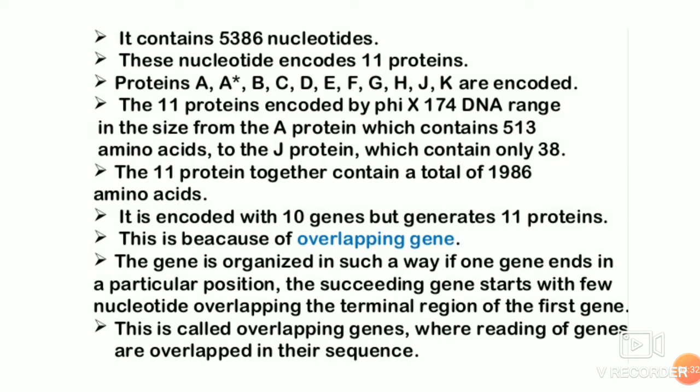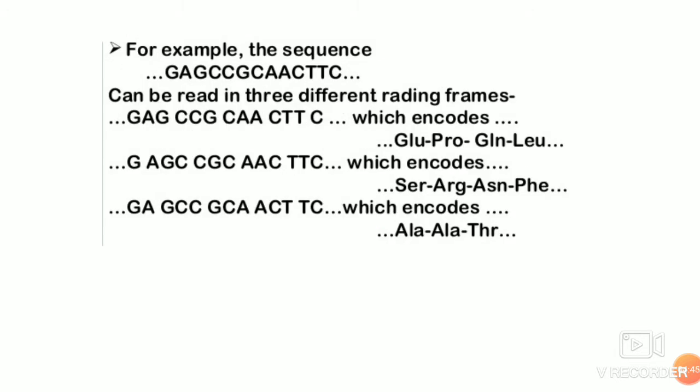The total genes are 10 but they generate 11 proteins. This is because of the overlapping of genes. So what is meant by overlapping? Suppose you have this 13 nucleotide sequence: GAG, CCG, etc. The code is read in triplets.